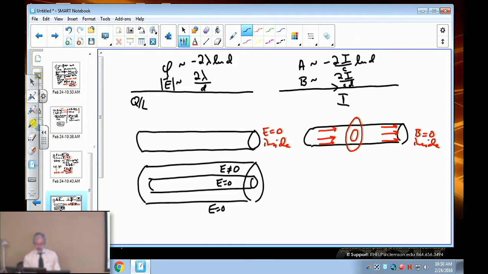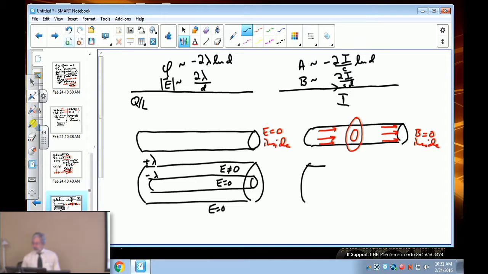So you'd have say a plus lambda and a minus lambda, a charge density. Then you have canceling electric fields, and you have no electric field outside, no electric field inside. You have only electric field between.